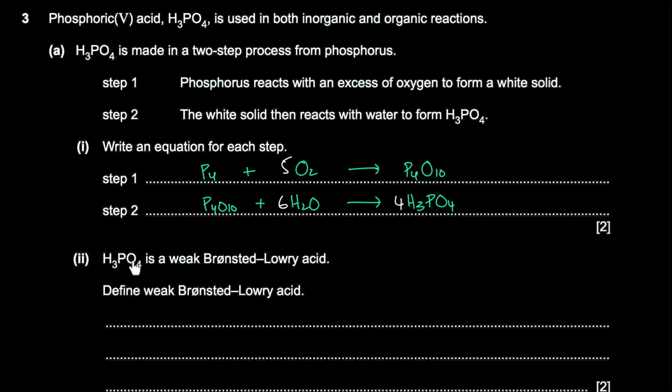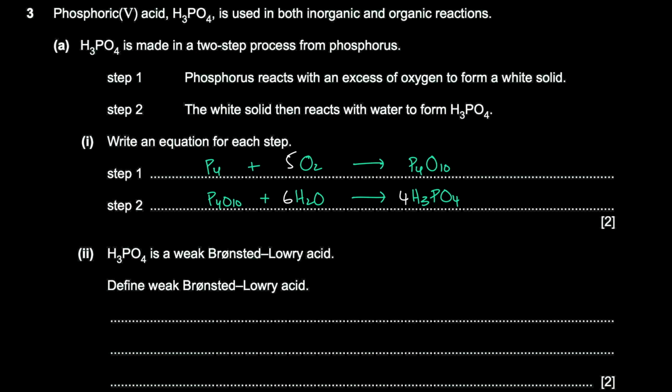Phosphoric acid, H3PO4, is a weak Bronsted-Lowry acid. Define weak Bronsted-Lowry acid. When we say Bronsted-Lowry acid, we mean that it's a proton donor. And the word weak means that it partially ionizes. So here we'd say that it is a proton donor that partially ionizes, or partially dissociates, in solution.